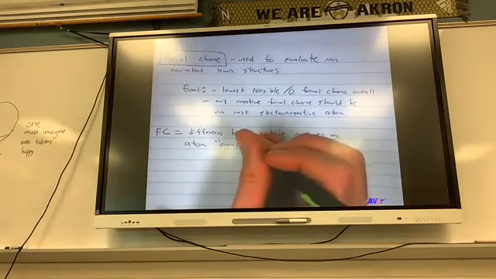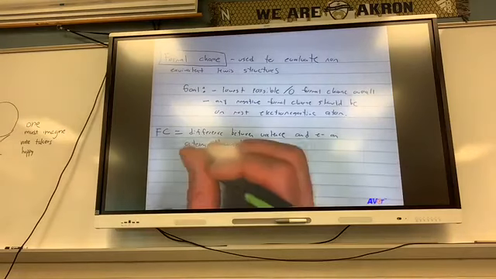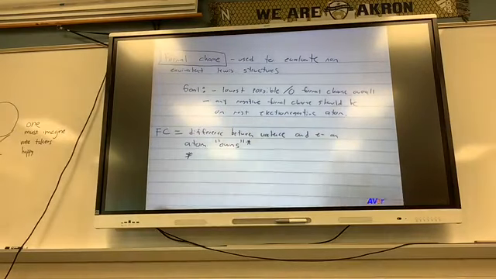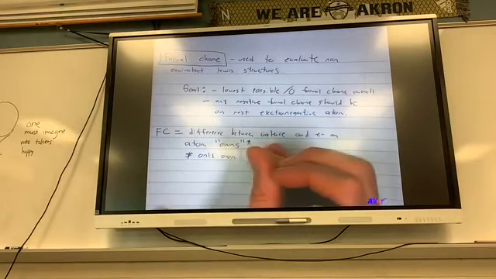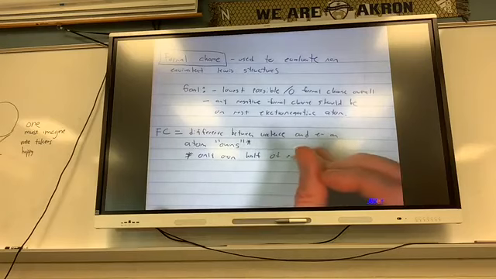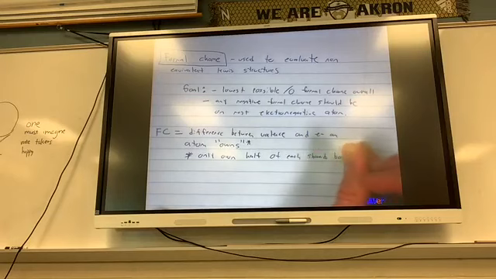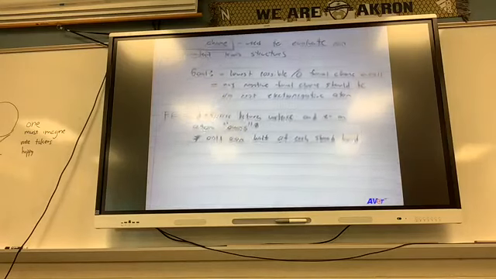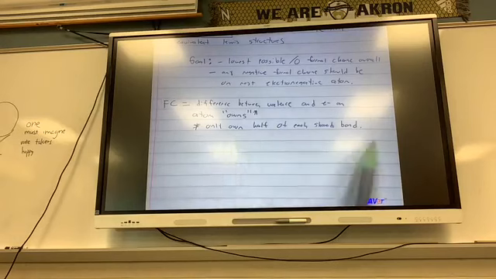Put "owns" in quotations with little asterisks. Here's the asterisk: you only own half of each shared bond. So an atom owns all of its lone pairs, but of the dashes it only owns half of each shared bond.